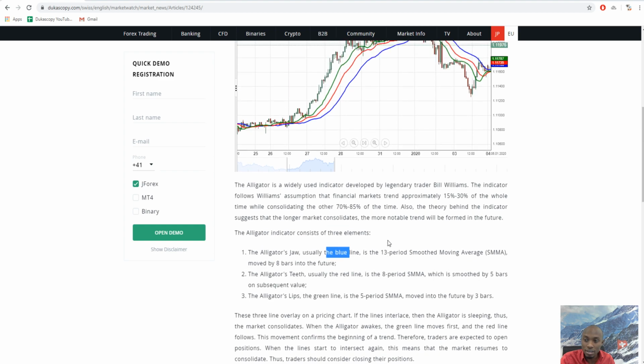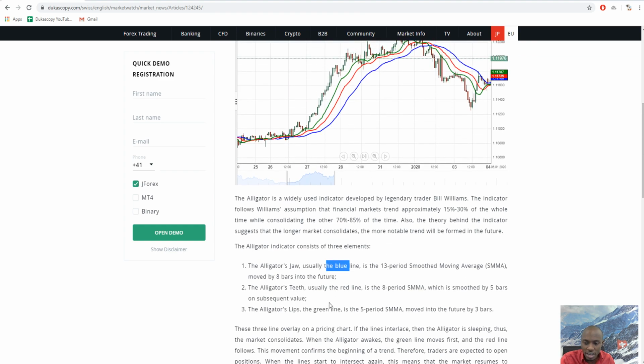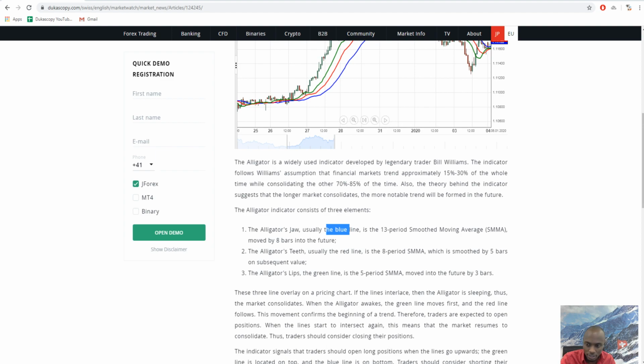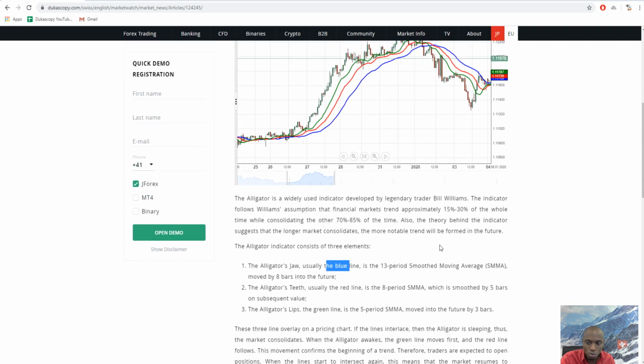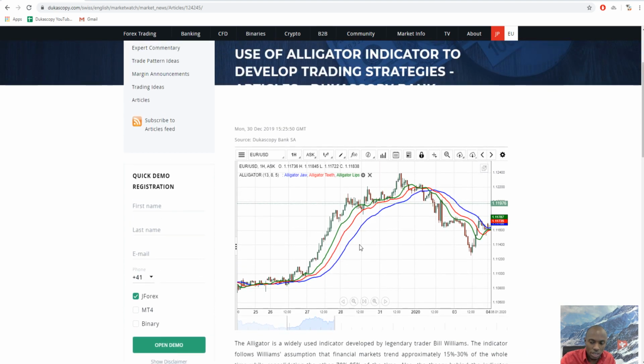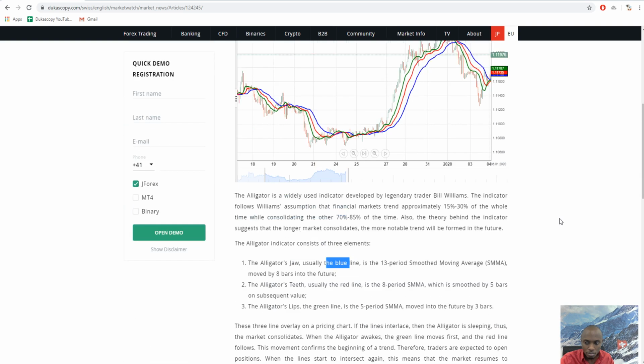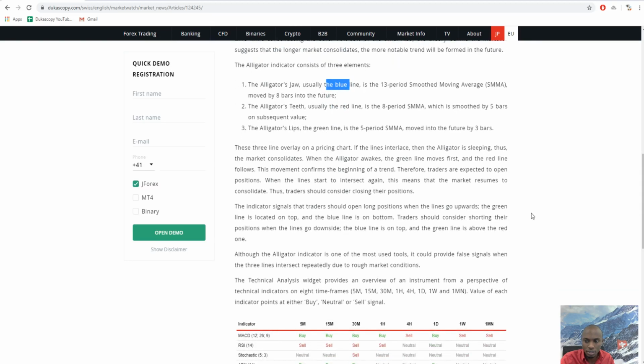The second line, which is the red, is called the teeth, and is the 8 period smoothed moving average. And the last line is called the lips, and is the fastest moving average, which is a 5 period moving average, or 5 days smoothed moving average. So those are the three lines for the indicator which you're looking at there.